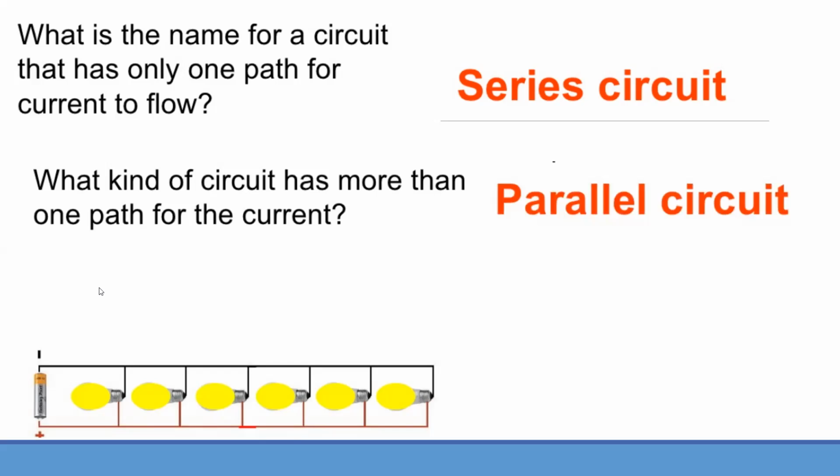As you see here, look at this one. How many paths for this parallel circuit? 6. 6 paths. Excellent. Here we have path 1, path 2, 3, 4, 5, and 6.